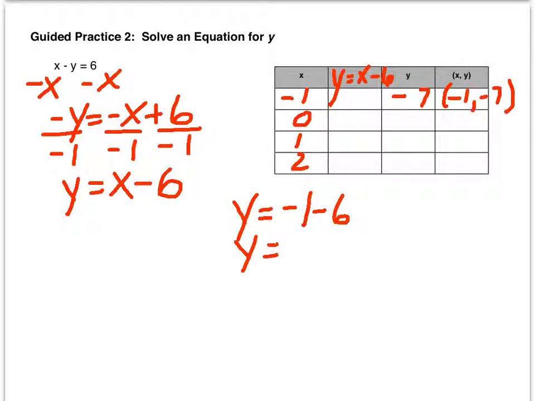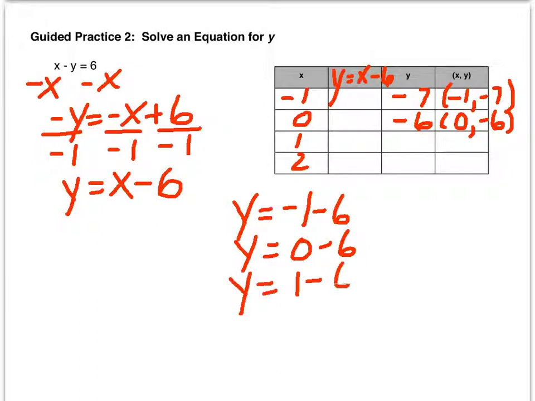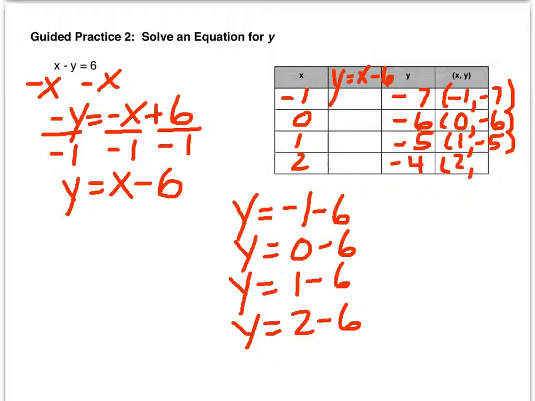Y equals 0 minus 6, so we get negative 6. 0, negative 6. Y equals 1 minus 6, we get negative 5. 1, negative 5, and y equals 2 minus 6, or negative 4. 2, negative 4. So my 4 ordered pairs are negative 1, negative 7; 0, negative 6; 1, negative 5; and 2, negative 4.